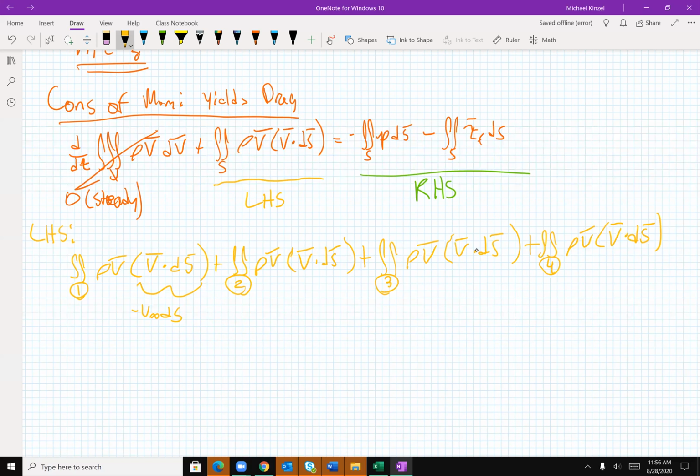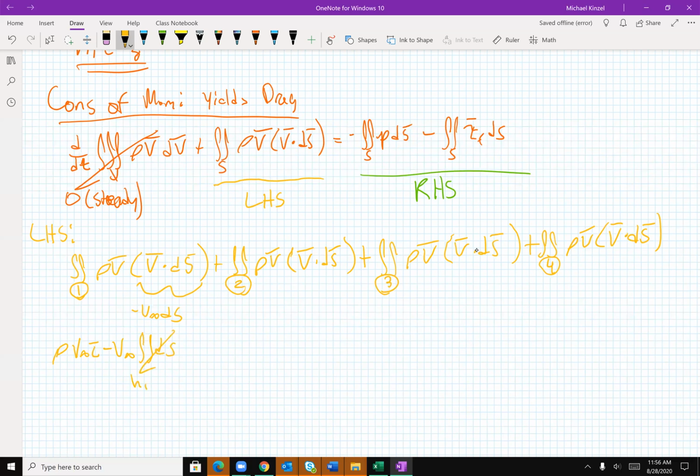So this term ends up being constant rho V infinity times I, which is this term, V infinity, integral of ds.